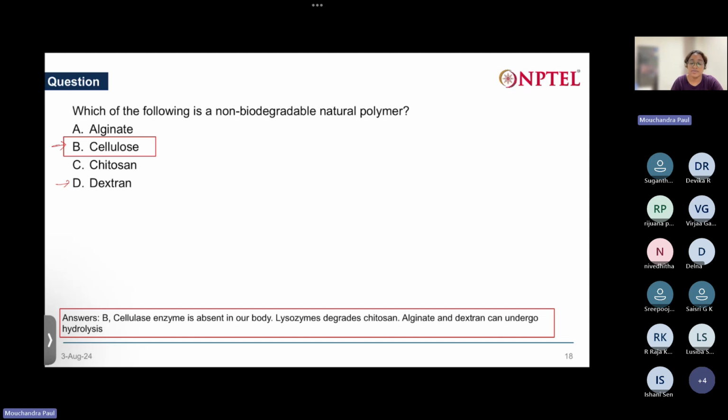Porosity indirectly can contribute: if you make a very porous structure, you create more void space and allow the degrading agent to reach the site faster. But what is that agent? That is the question. When you implant a very porous alginate scaffold, why will alginate biodegrade in your body? Similarly, if it is made of chitosan or dextran, why will it biodegrade?